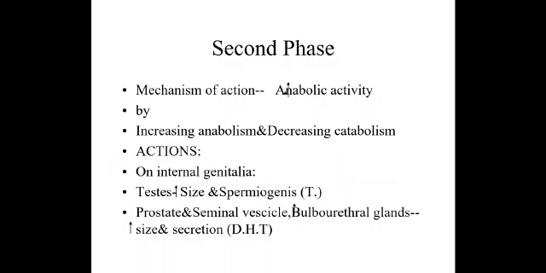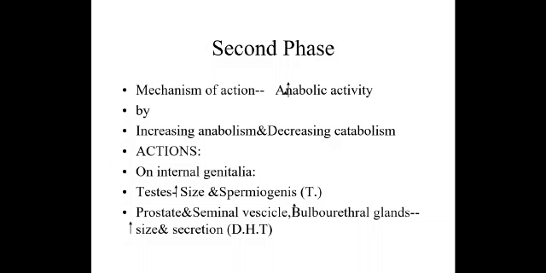The second phase, during puberty, is under the influence of LH. It increases anabolic activity by increasing anabolism and decreasing catabolism. It acts on internal genitalia by increasing the size of the testes and also results in spermiogenesis, that is, the conversion of secondary spermatocyte to spermatozoa.